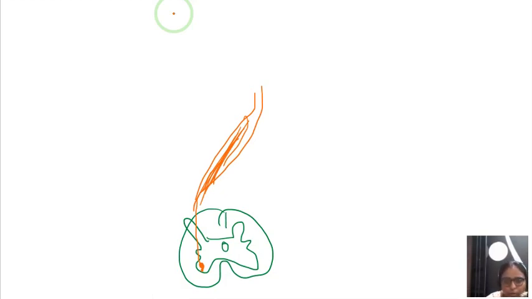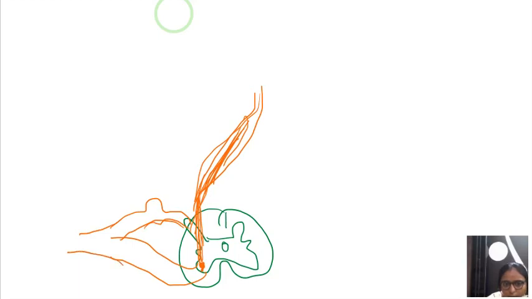But up to here, it is clear that the 80% of fibers which cross at the medulla in the pyramidal decussation will terminate in your anterior horn. And what is the destination of it? We have discussed that it is your ventral root and it is your dorsal root, right? We have already discussed.